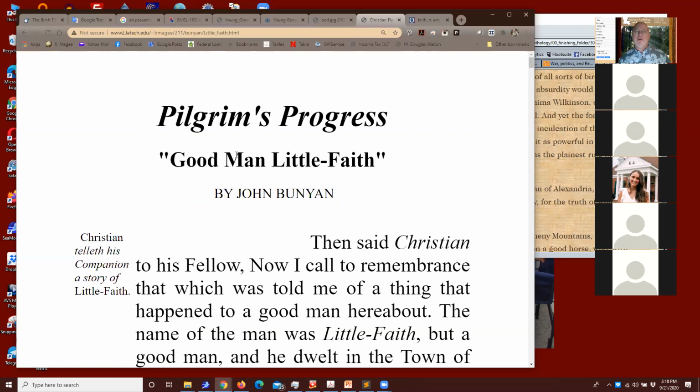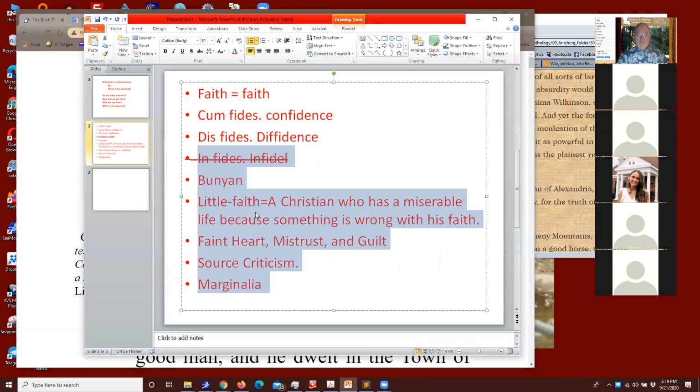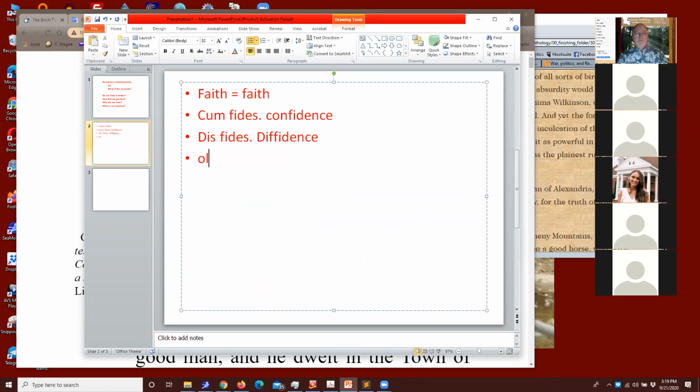Matthew and Luke both use a word, oligopistis, which is from oligo, O-L-I-G-O, where we get oligarch. It means a few, or a little in this case. And pistis means faith.